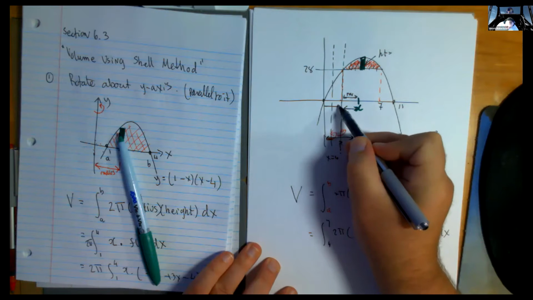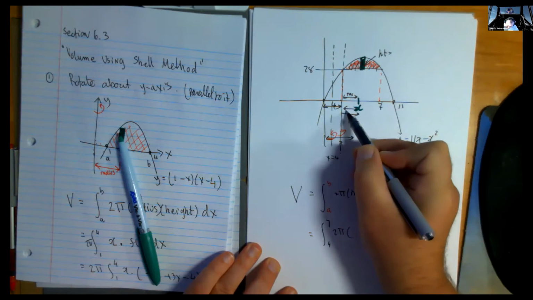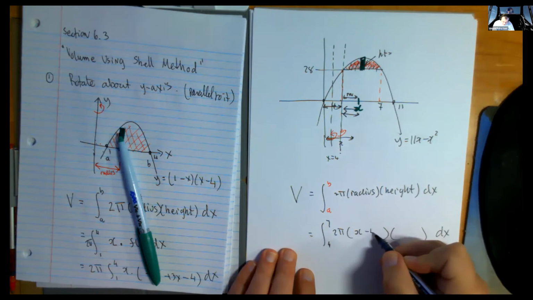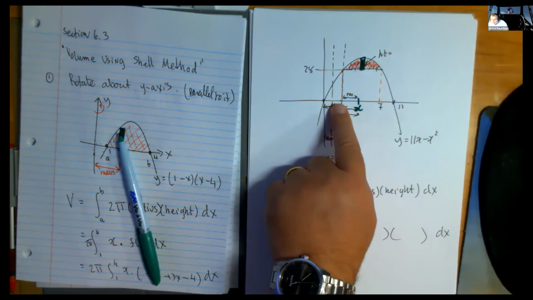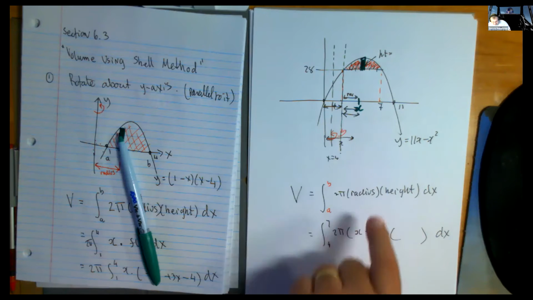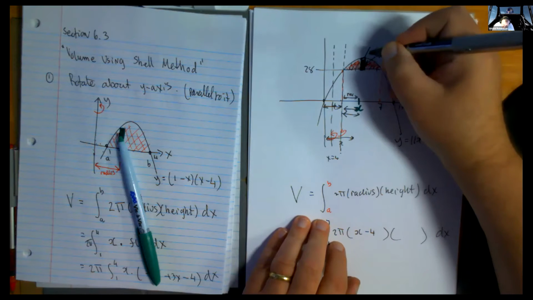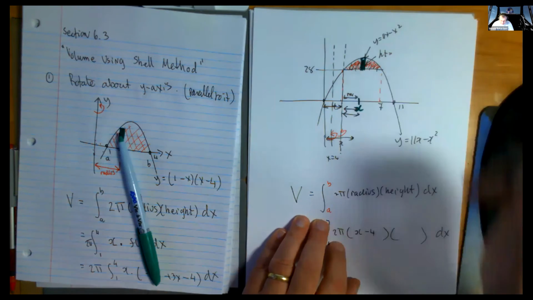If you go from here to here, that's 4. Won't the radius be the difference between those two? x take away 4. Are you happy that the distance from here to that axis of rotation is x minus 4?